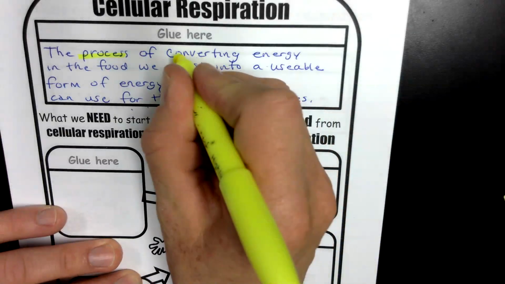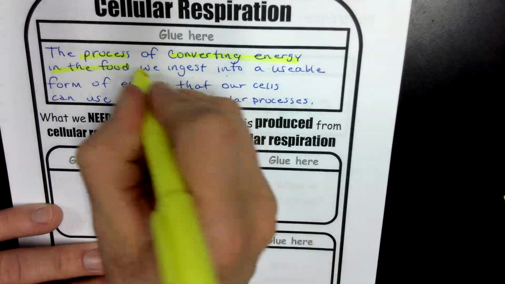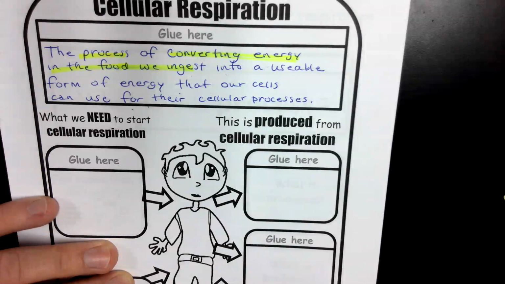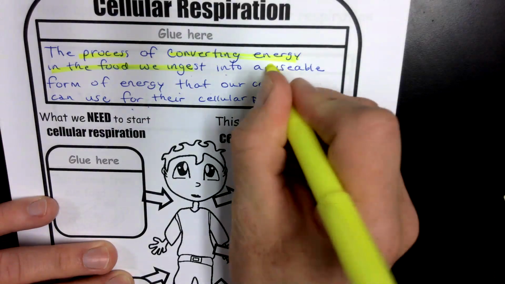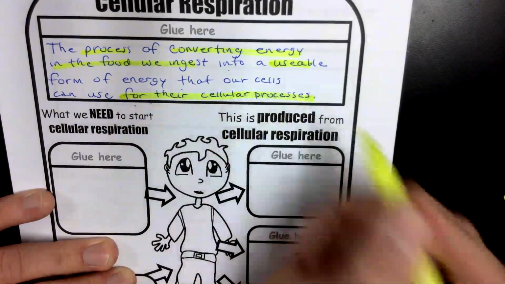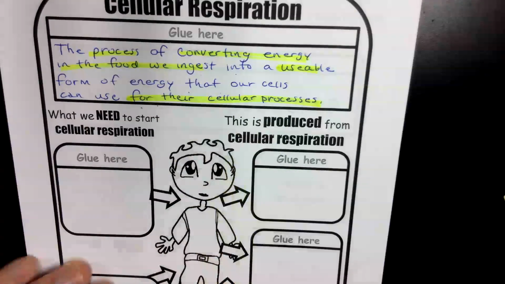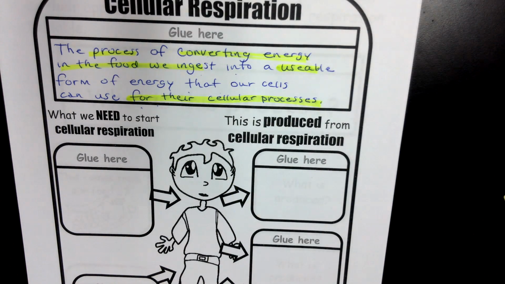And essentially, it's all about converting food that we eat into something more usable for our cells. That's all it is. And hopefully, no matter what definition I've given you or what definition you come across in the future, these are the common phrases that will be used.